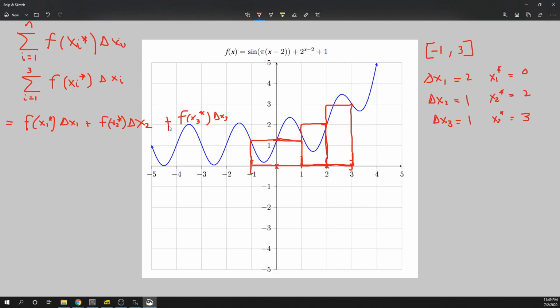Okay. Then we know all of these numbers. We know the xi stars and the delta xi's because they were given to us, right? So we would just use those.